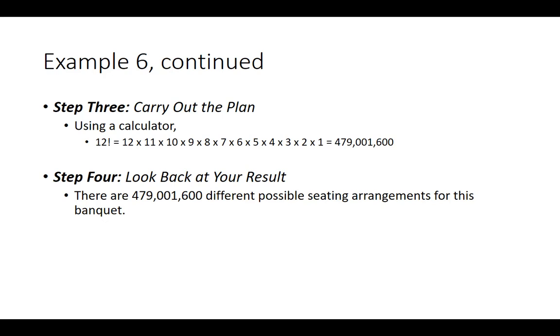So looking back at our result, there are 479,001,600 different possible seating arrangements for this banquet. Again, this wasn't a combination or a permutation, this was a factorial because we are rearranging all of the elements.